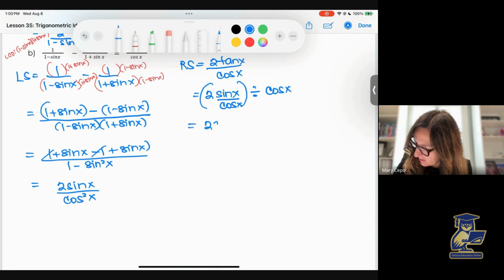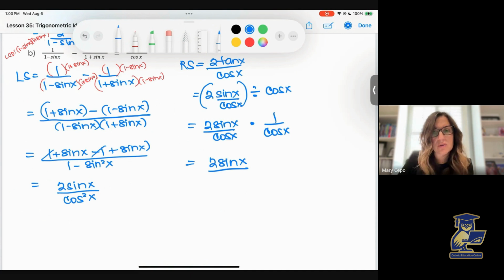Okay, so 2 sine of x cos of x using dividing fractions. It's going to be times 1 over cos of x. And then look at that. So this becomes 2 sine of x times 1 is 2 sine of x. Cos of x times cos of x would be cosine squared x. So therefore, we've just proven left side is equal to your right side.